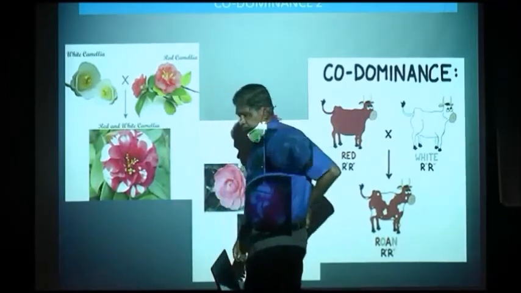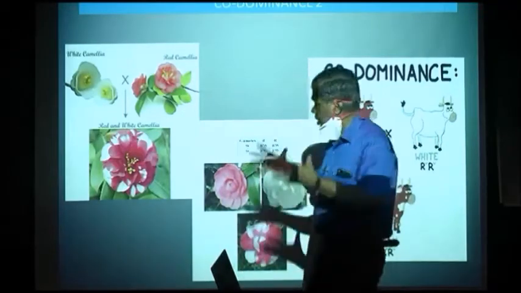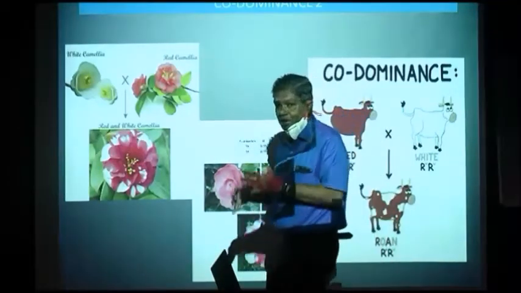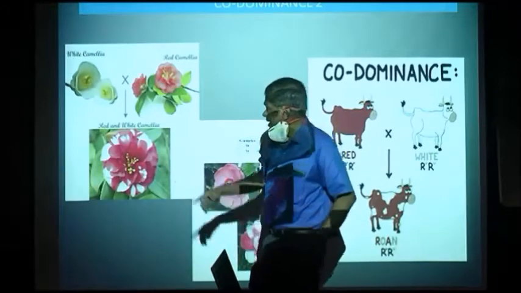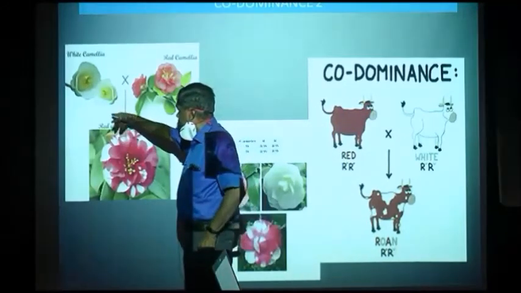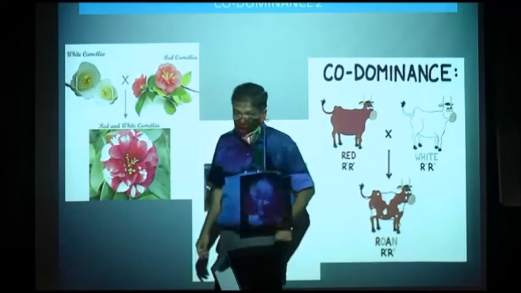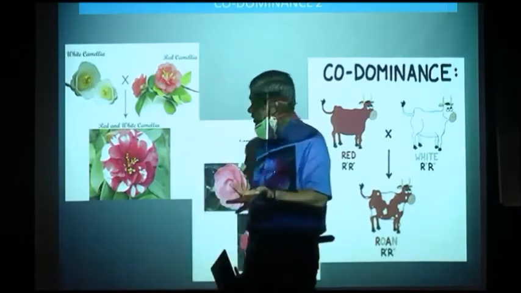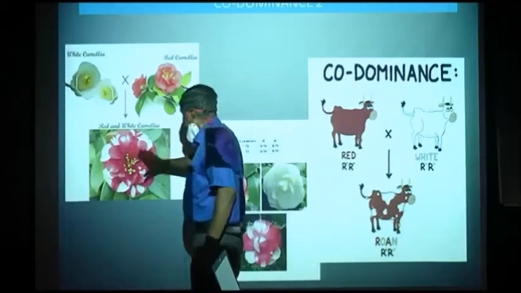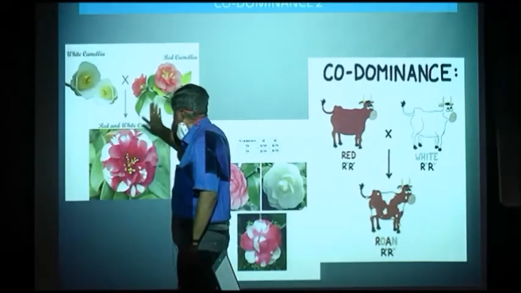So, when we cross between these two, according to Mendel's principle, either you should get all white or all red, or as per incomplete dominance, we should get an intermediate color, that is pink.